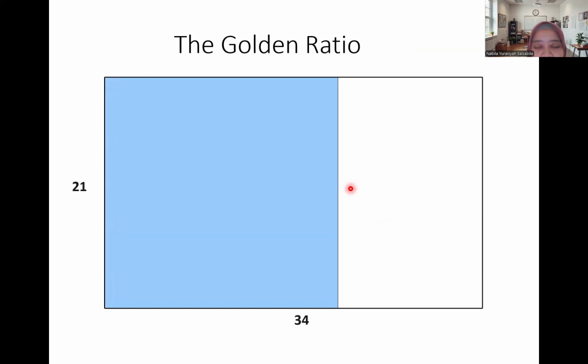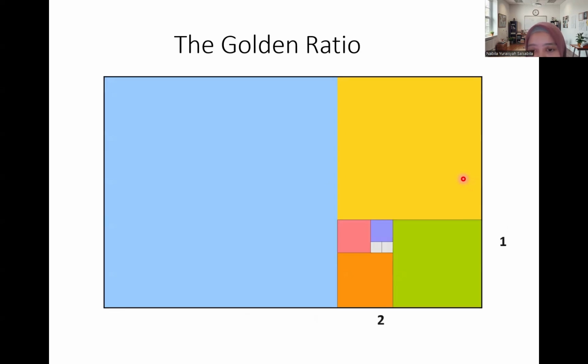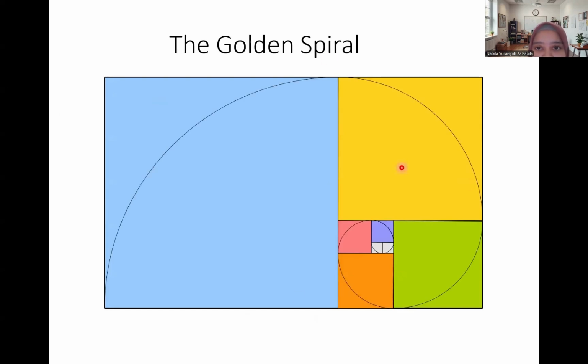We have the ratio of 21 and 34, and then 21 and 13, and then 8 and 13, and then 8 and 5, and then 3 and 5, 2 by 3, 1 by 2, and so on. So we can get a beautiful golden spiral.